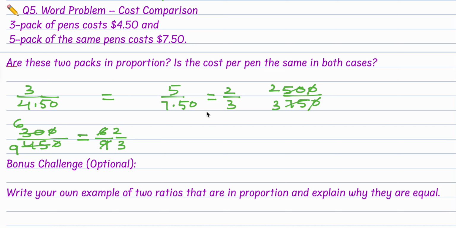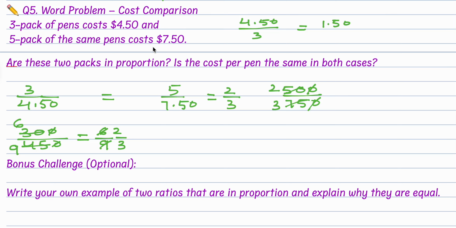Now, I mean, it's not always necessary that you use the same method. Here I can use another method. For example, if 3 pens cost 4.50, so what will be the cost of 1 pen, right? I can just calculate it, and that will be 1.50, right?